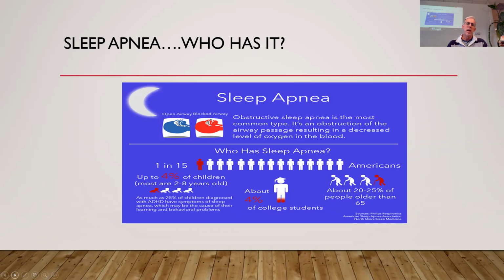And apnea can actually occur in younger individuals, college age, even down to 2 to 8 years old, which surprised me, but I'm not a pediatric nurse. I'm an adult and older adult nurse. So that number surprises me, but on the other hand, I guess it would depend on what's going on with that individual at a young age.